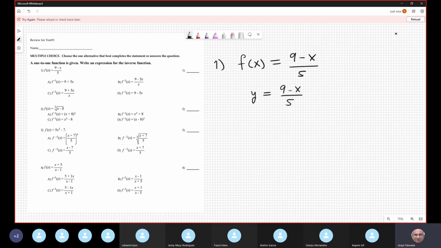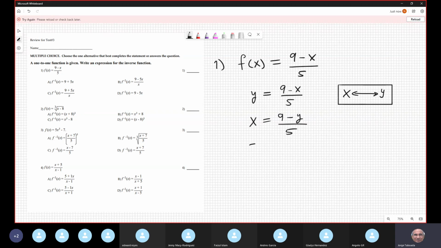Now, important moment, interchange x for y. Now, in order to find the explicit form, you isolate the y, get the new y, and this new y is the inverse function.